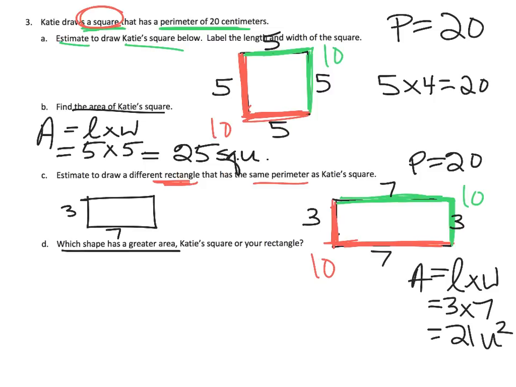And we're asked, which figure has the greater area, the square that we drew or our new rectangle? And in this case, the square has the greater area because 25 is greater than 21.